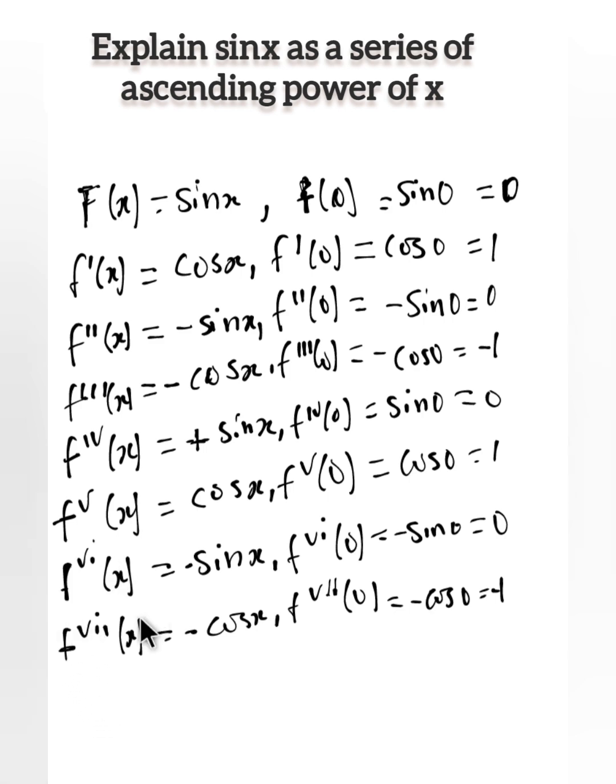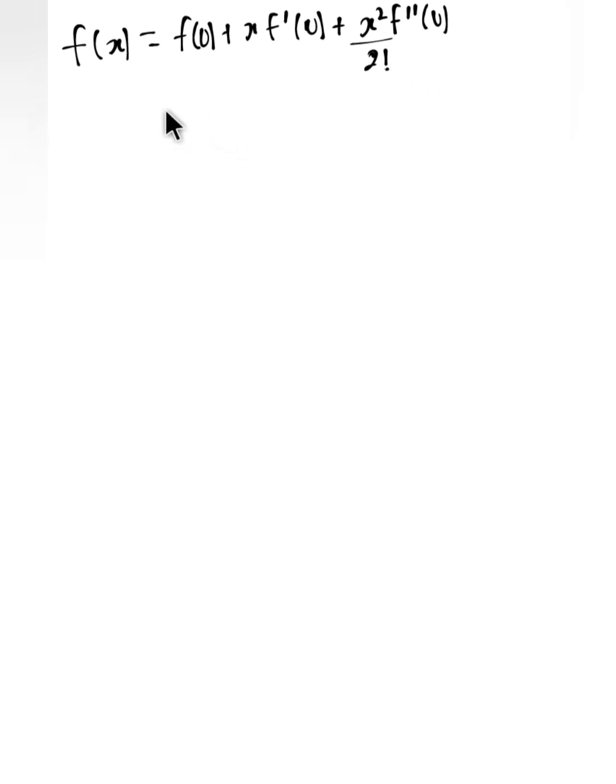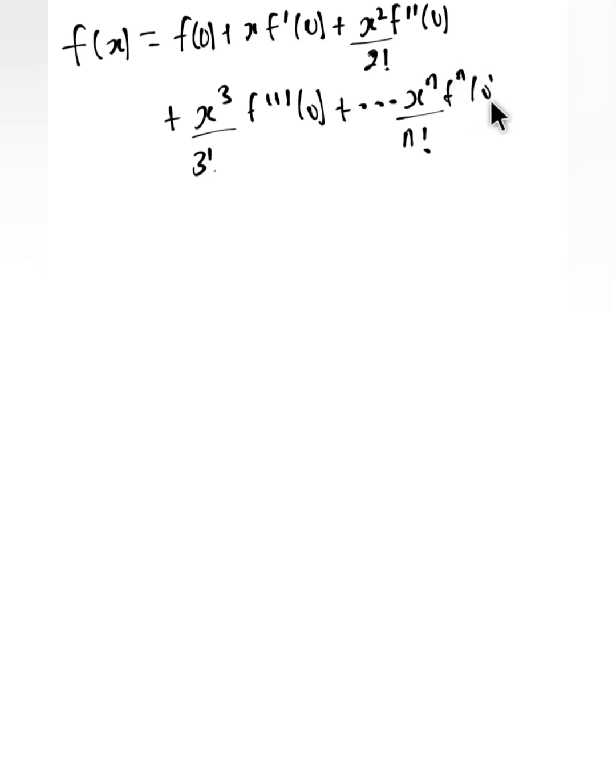We are going to substitute all of these expressions into the Maclaurin series. The Maclaurin series has the form f of x is equal to f of 0 plus x f prime of 0 plus x squared f double prime of 0 over 2 factorial plus x cubed over 3 factorial f triple prime of 0 plus up to x^n over n factorial f nth derivative of 0, and let's keep on going.